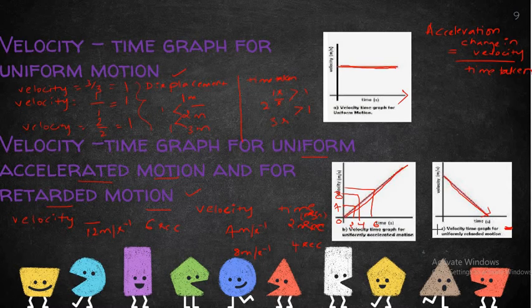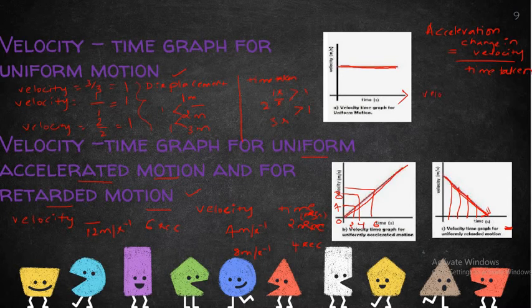So how does it look for retarded motion? The velocity graph goes in this direction, which means as time elapses, the velocity value decreases. I will give one more example for that.